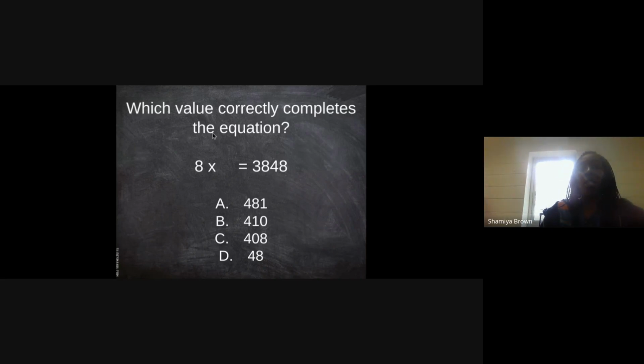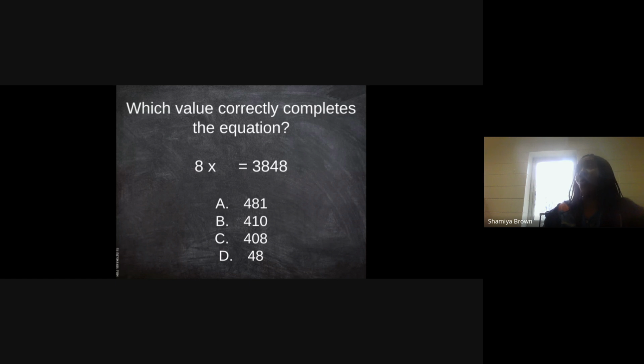Okay. Which value correctly completes the equation? The equation says 8 times blank equals 3,848. Who knows what I'm going to have to do to solve that? If they give me a multiplication problem but don't give me the other number I'm multiplying by, what do I need to do to find that number?